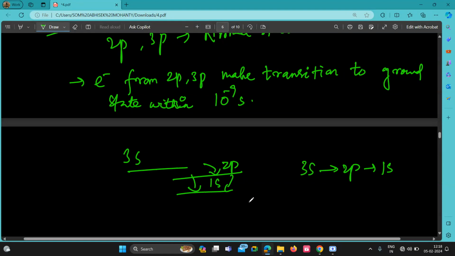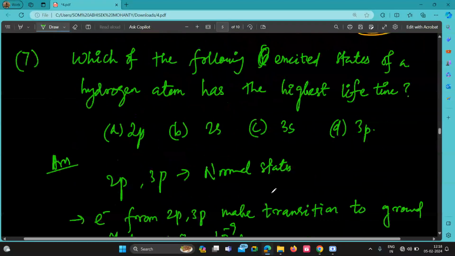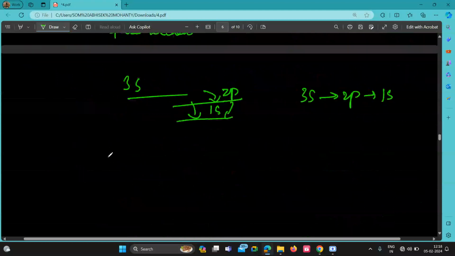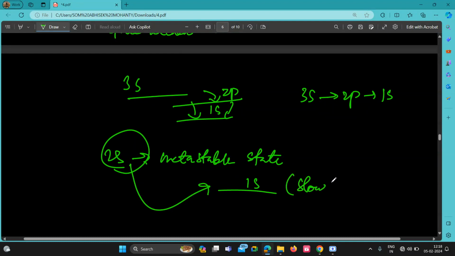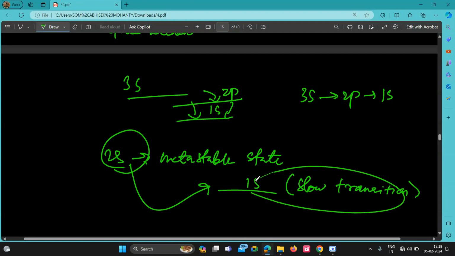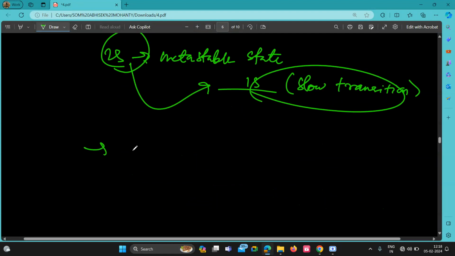What is left then? 2s is left. 2s is called a metastable state. An electron in 2s makes a very slow transition to 1s, so it takes a longer time. So 2s has a long lifetime.